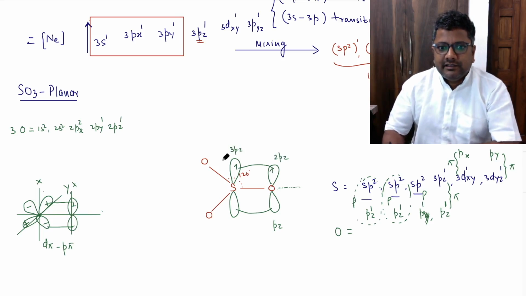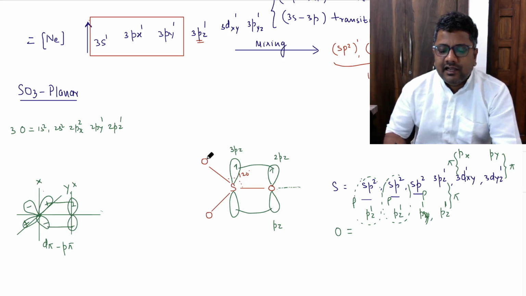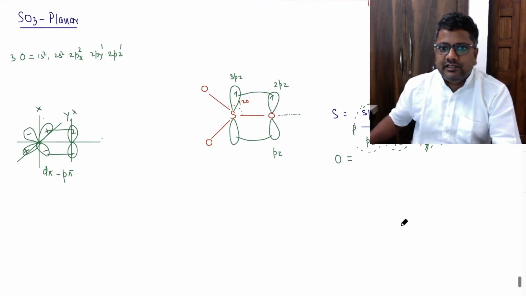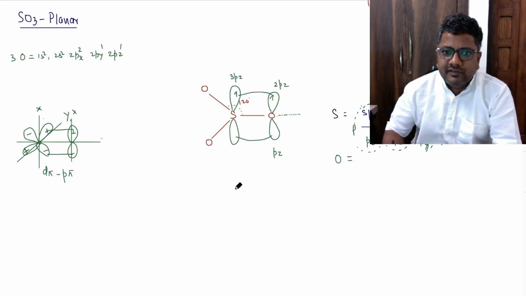Now this sulfur has dxy and one oxygen has px. So this sulfur dxy. I am showing this separately so that you can easily understand, right? Otherwise, this will be cumbersome.